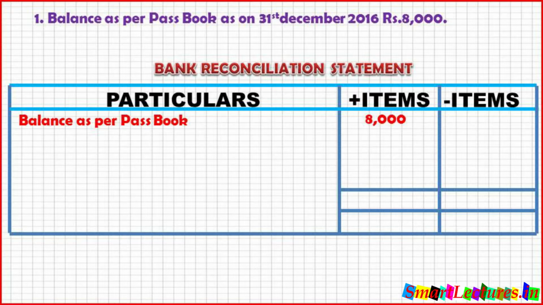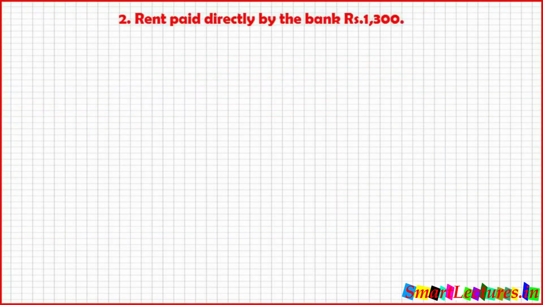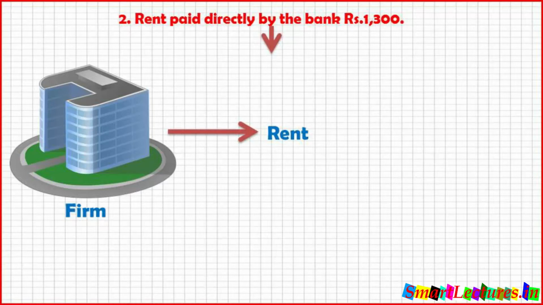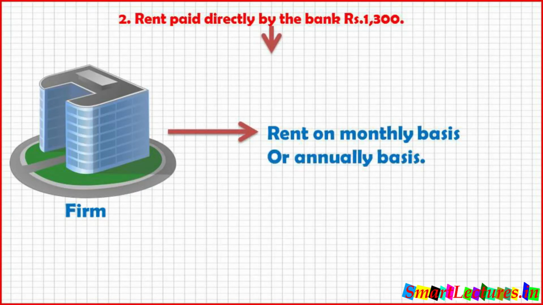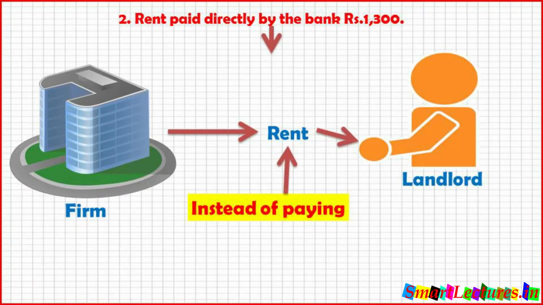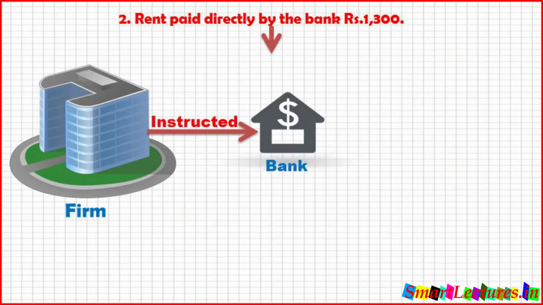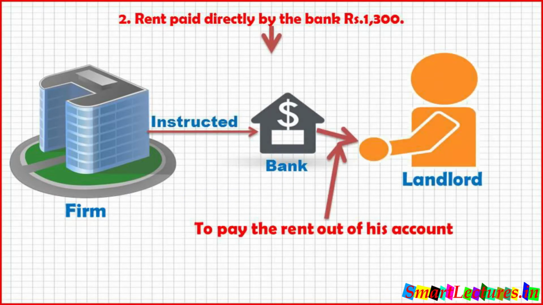Next transaction. Rent paid directly by bank 1,300. What does it mean? The firm has to pay rent, maybe on a monthly or annual basis, whatever it is. So instead of paying rent directly to the landlord, the firm has instructed the bank to pay the rent out of its account to the landlord.